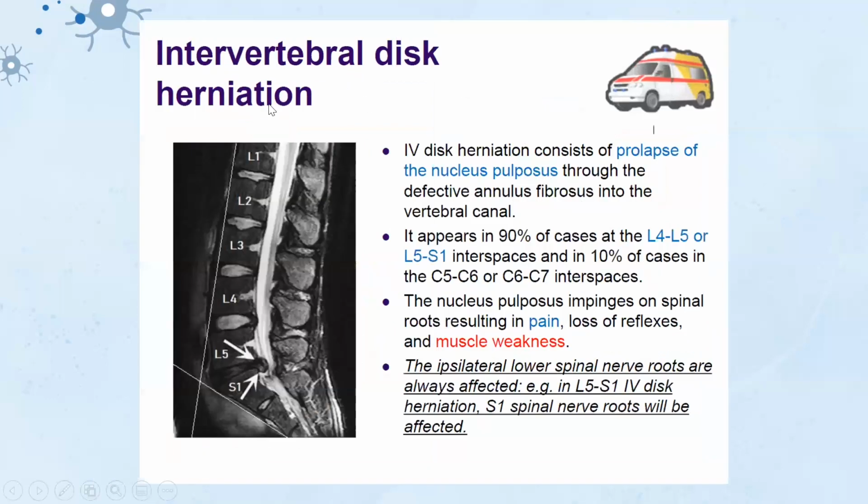It consists of prolapse of the nucleus pulposus through the defective annulus fibrosus into the vertebral canal. When it does this, it impinges on the spinal roots, causing pain, loss of reflexes, and muscle weakness. Sometimes it causes paresthesia or loss of sensory input.